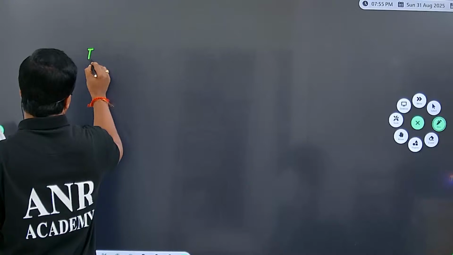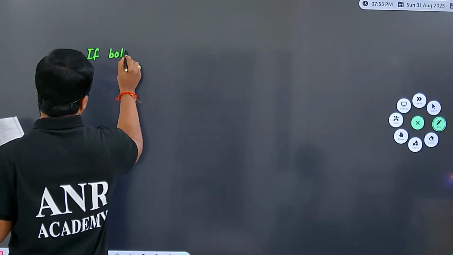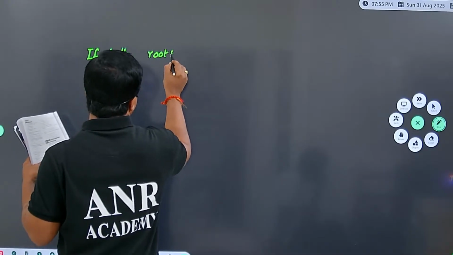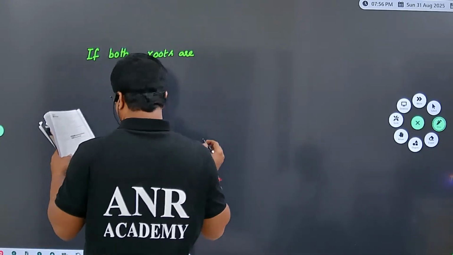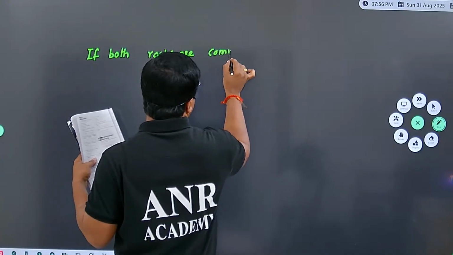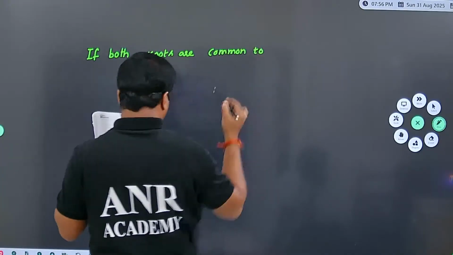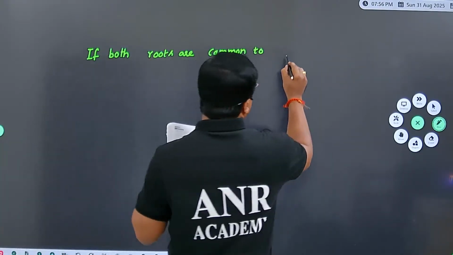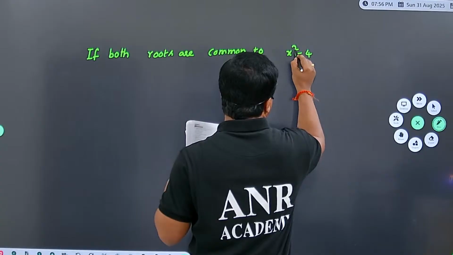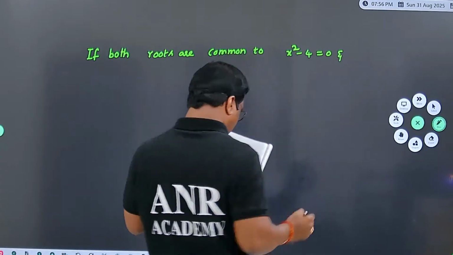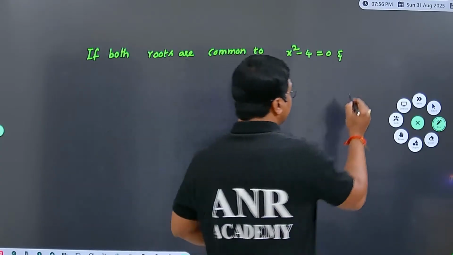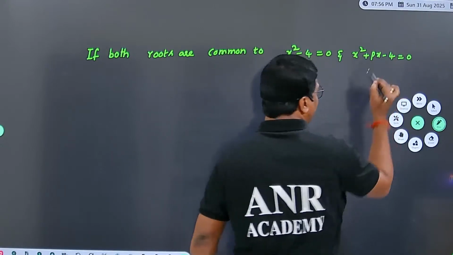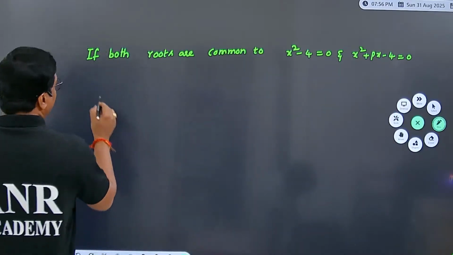Suppose the question is given: if both roots are common to the two equations given here, x square minus 4 equal to 0, and another equation given as x square plus px minus 4 equal to 0, then find the value of p.